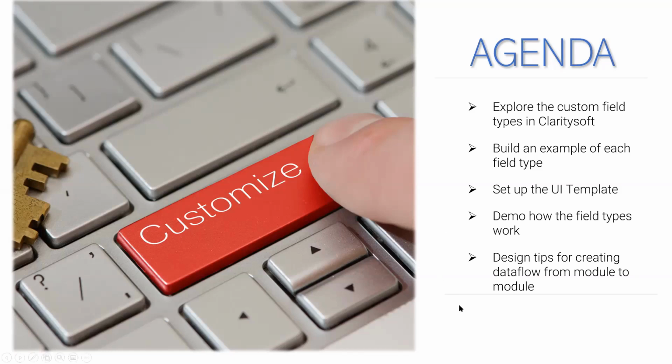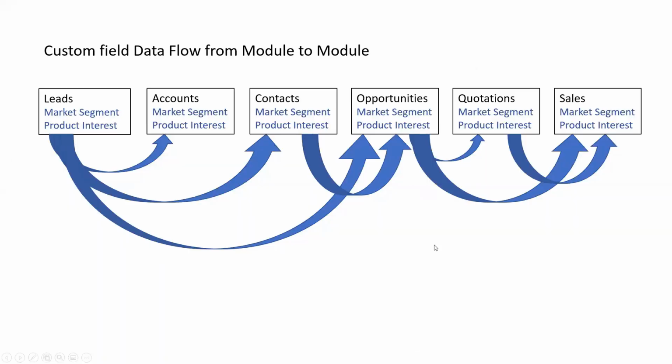So the next slide that I've put in here, I wanted to give you a sense of how data flows within Claritysoft. And I just threw this together about 15 minutes ago. If you are using the leads module in Claritysoft and you enter custom fields into the leads module, and I just put two sample ones here of market segment that can be a drop-down list and product interest that might be a drop-down multi-select list.